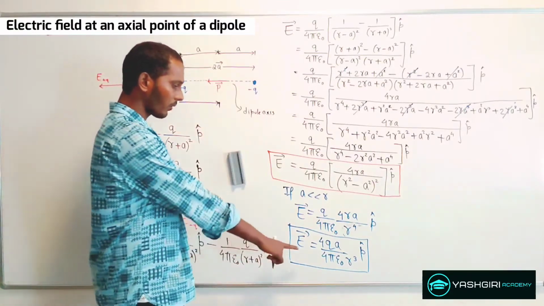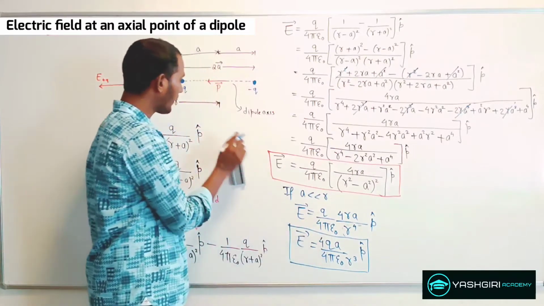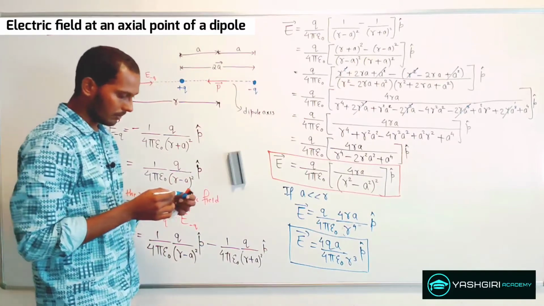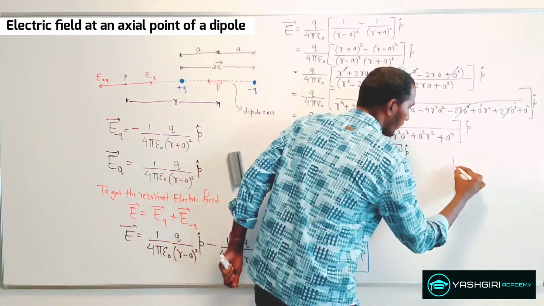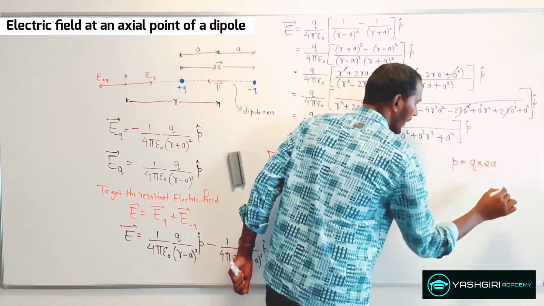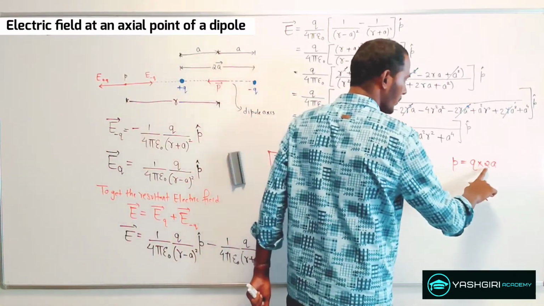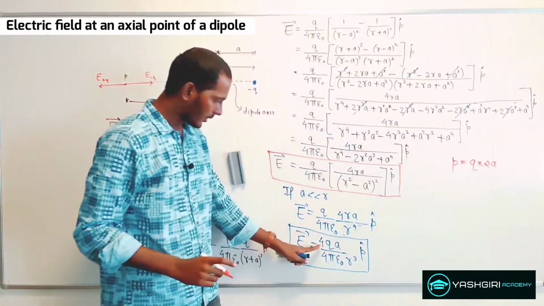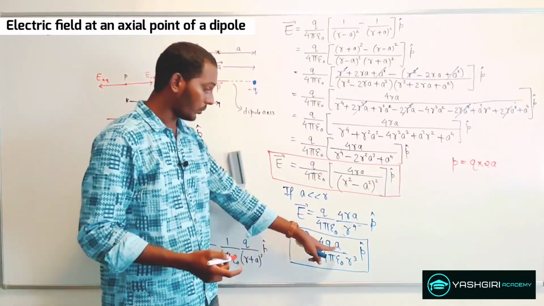If I just want to write this numerator part in the dipole moment, I can say that the dipole moment, vector p, is equal to q into 2a in magnitude. Here in this case it is q into 2a, but in the question we have 4 into qa, which I can break into 2 into 2qa.